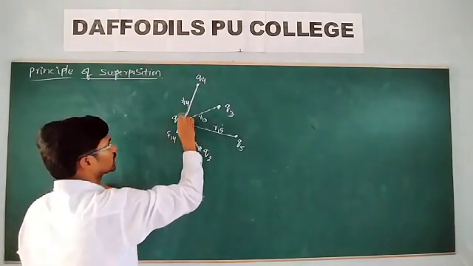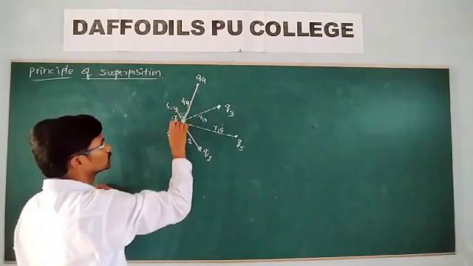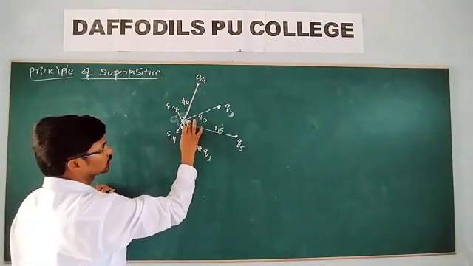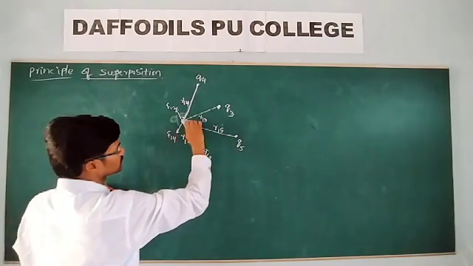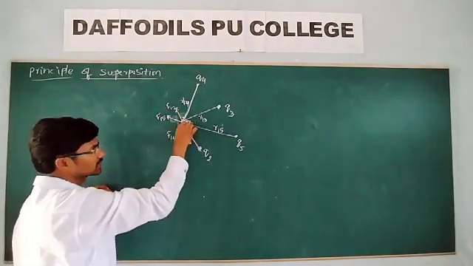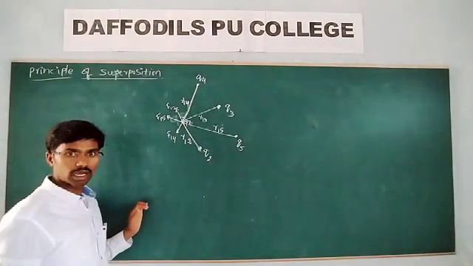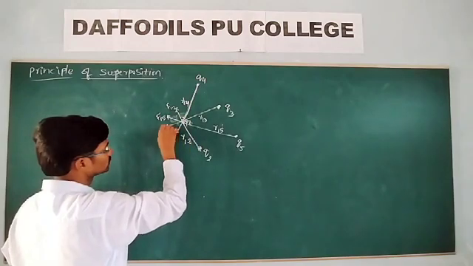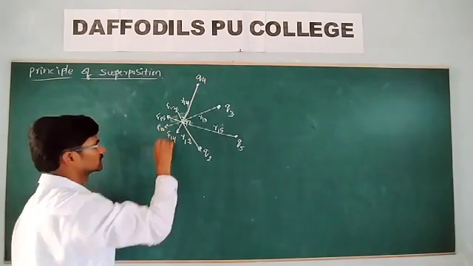Similarly, due to the charge Q2 on Q1 it is F12, and due to the other charge it is F15. For example, if this is positive and all others are positive.